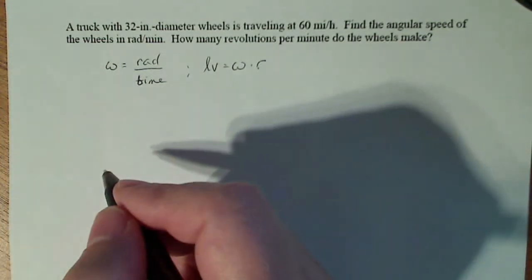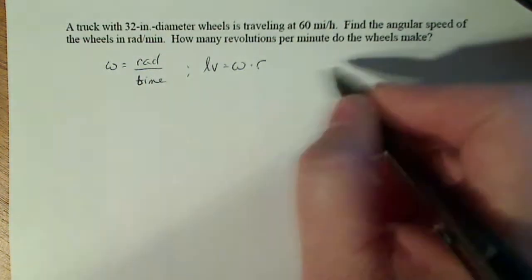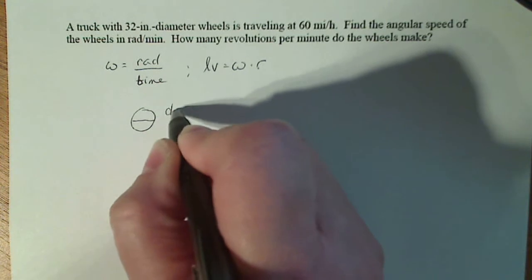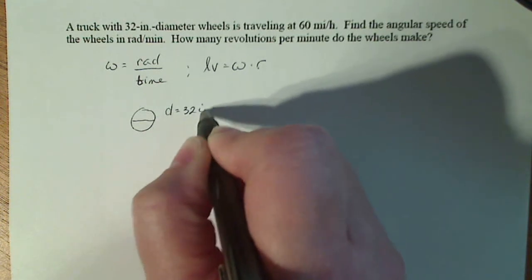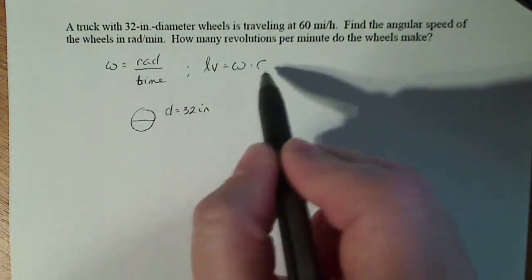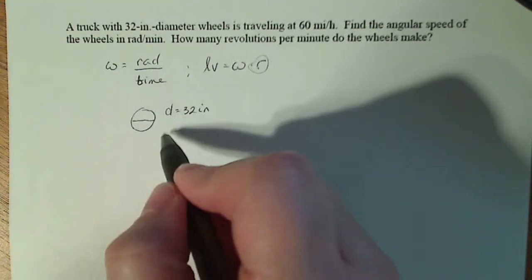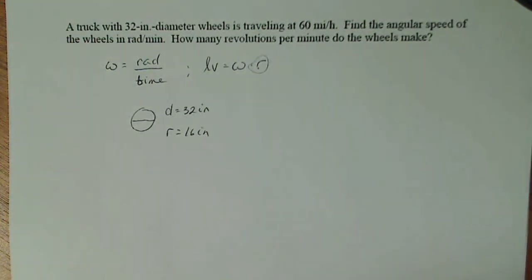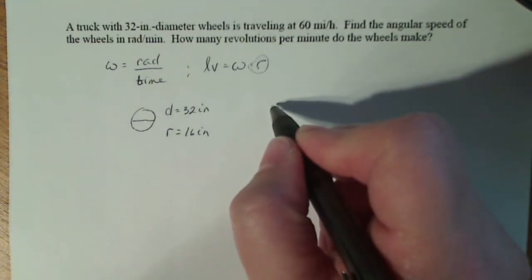The problem gives us a wheel whose diameter is 32 inches. I look up here and I don't see diameter, but I see radius. So I want to change it to radius, 16 inches. Now they also give us that it's traveling 60 miles per hour.